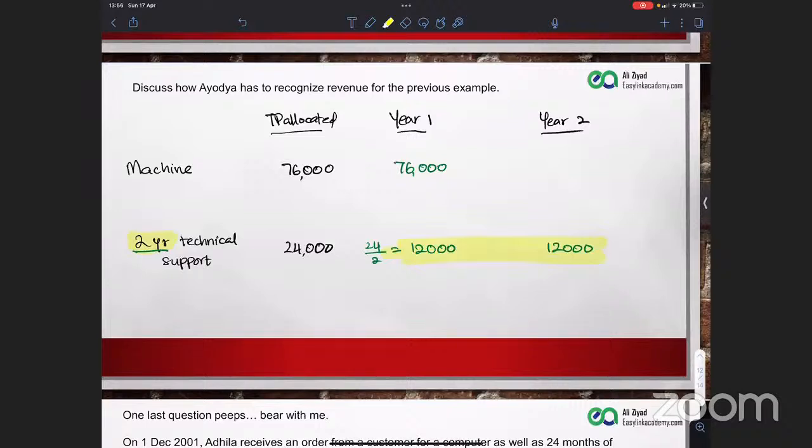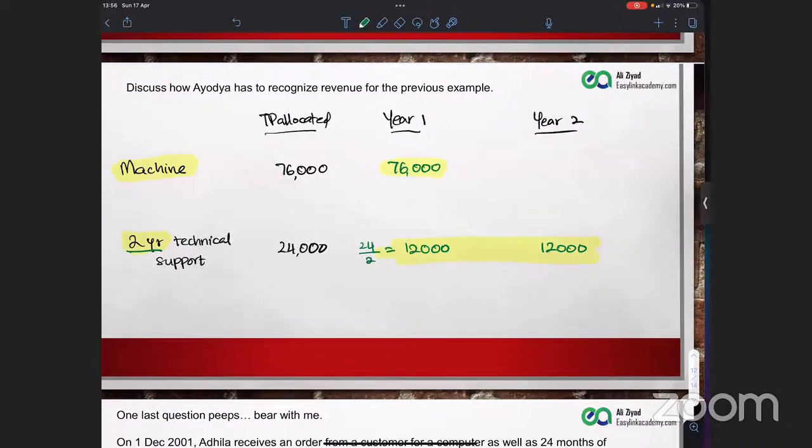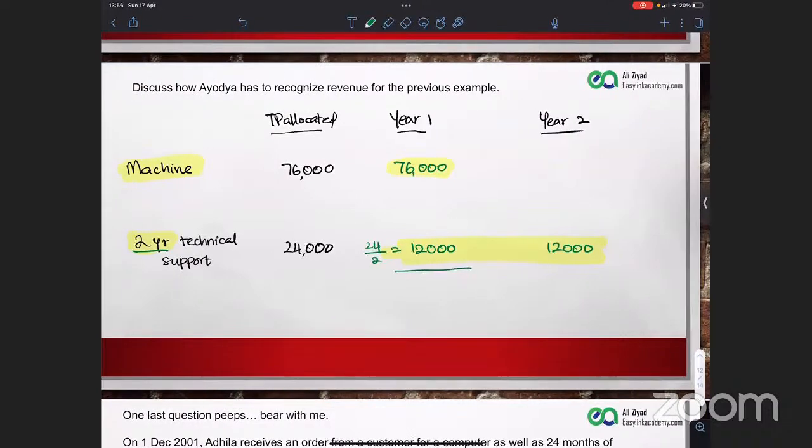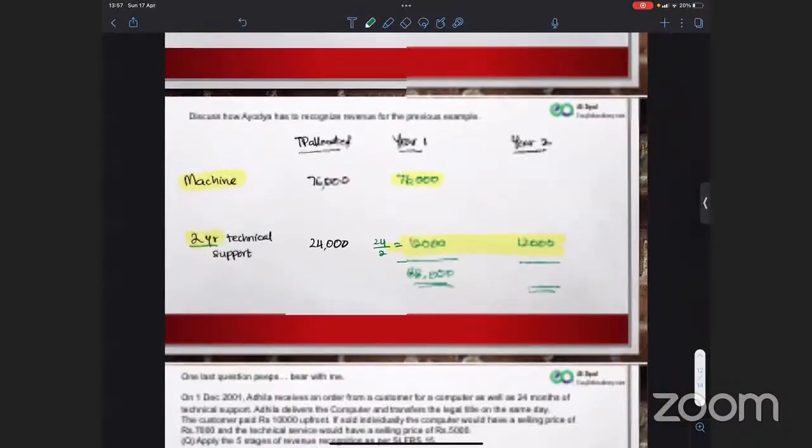However, machine control is passed at a point of time, so you have to record at a point of time. So altogether, year 1 revenue will be how much? 88,000. Year 2 revenue will be how much? 12,000.